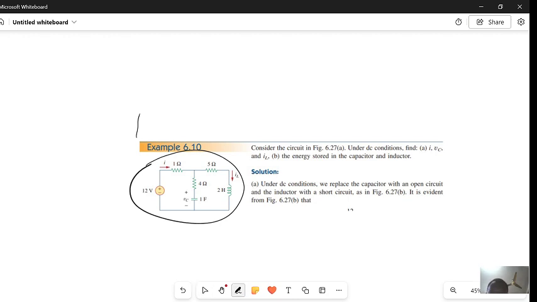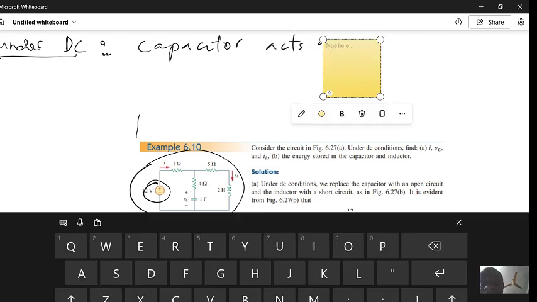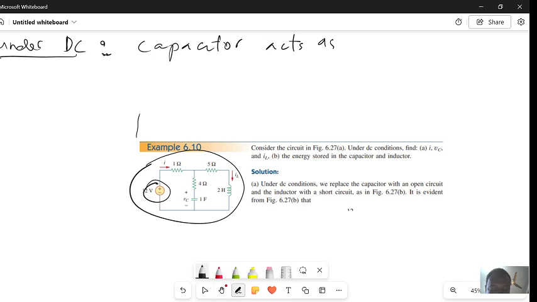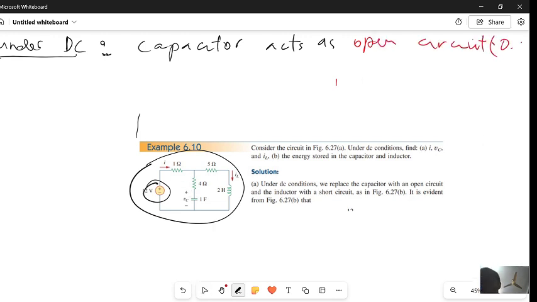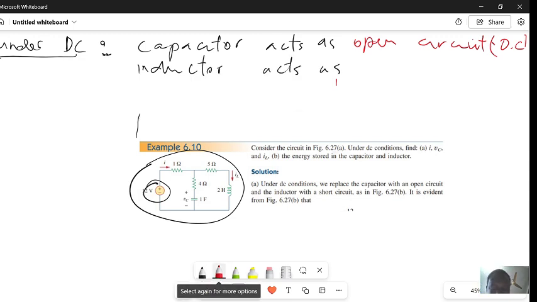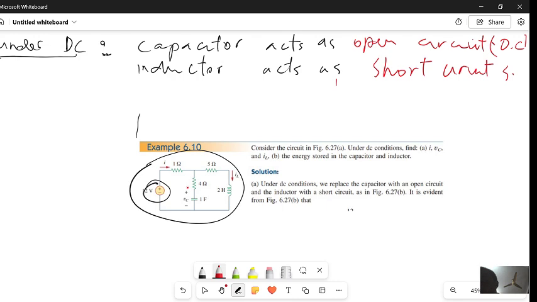It says under DC, and we have to pay attention, because under DC, we know from the previous video that a capacitor acts as an open circuit, which we note as OC, and we also know that an inductor acts as a short circuit.